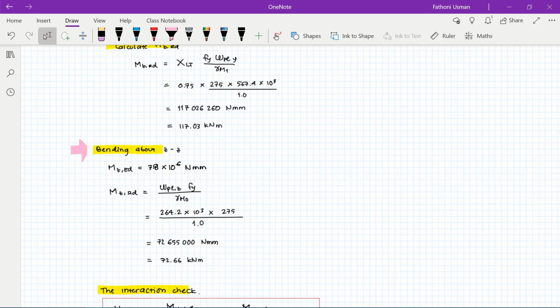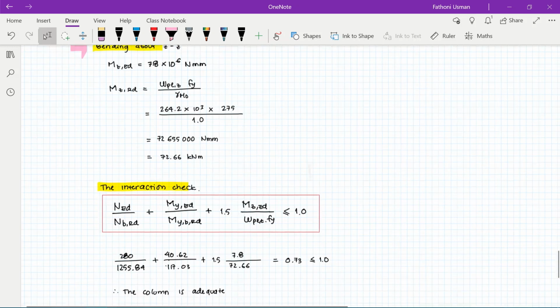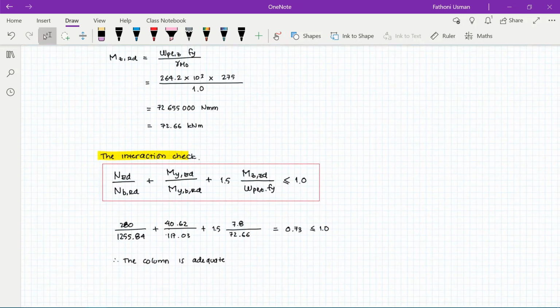So then we calculate the design resistance to bending moment for the cross-section about the z-axis based on the cross-section properties, plastic modulus Z, and the strength of the material Fy. So we have the value of the MZRD equal to 72.66 kilonewton meter.